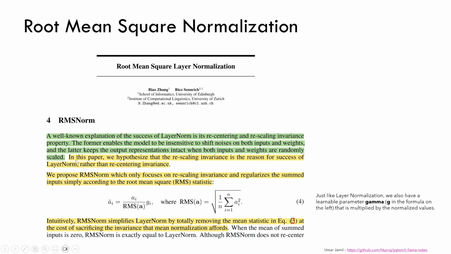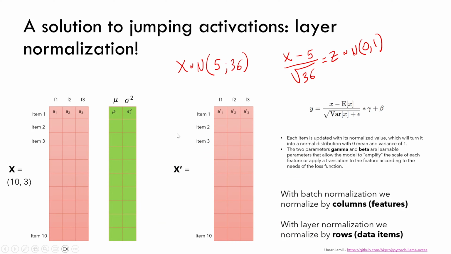"In this paper, we hypothesize that the rescaling invariance is the reason for the success of layer norm rather than the recentering invariance." So what they claim is that the success of layer norm is not because of the recentering and the rescaling, but mostly because of the rescaling, so this division by the variance, to have a variance of 1.